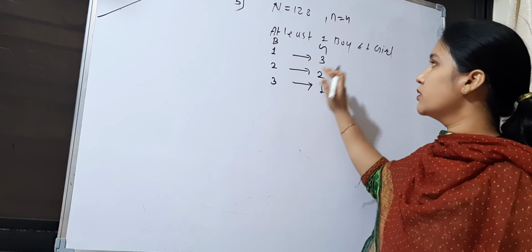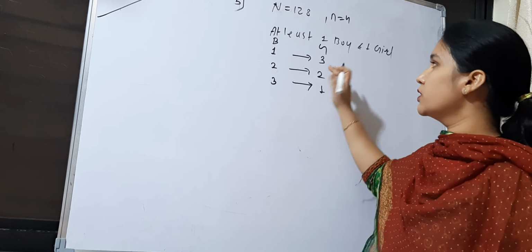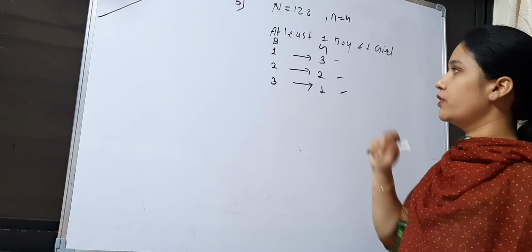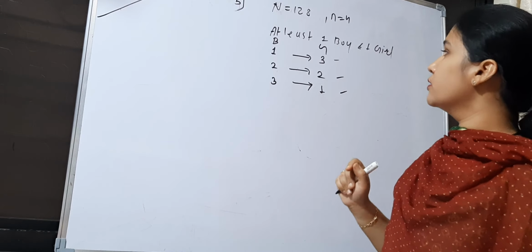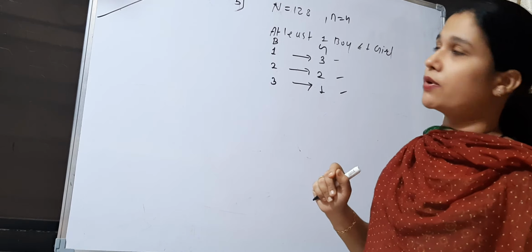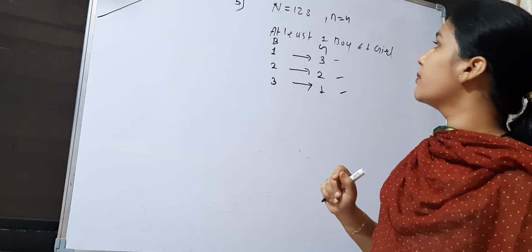So this many possibilities are there: 1-3, 2-2, 3-1. Right, so what do we have to do? We have to find the probability using the binomial. Here n is 4, P of a boy is 1 by 2, Q is 1 by 2. The probability of any boy or girl is 1 by 2.